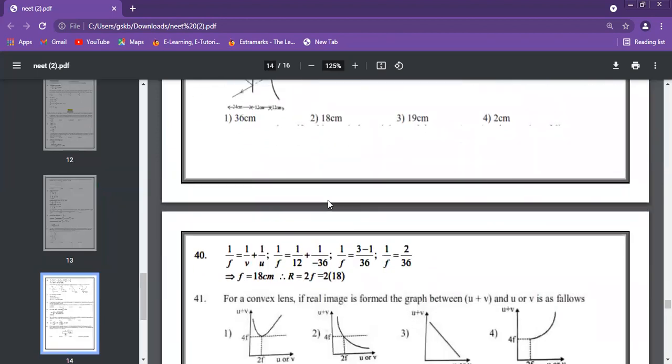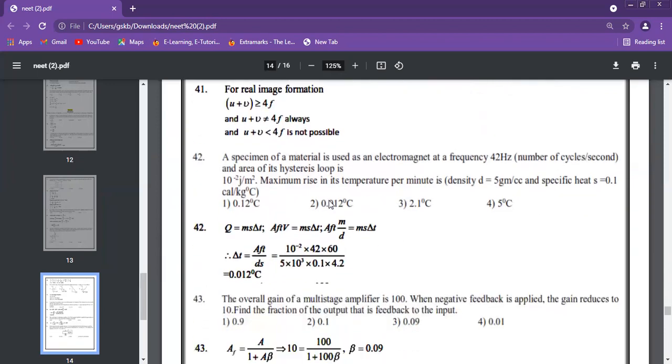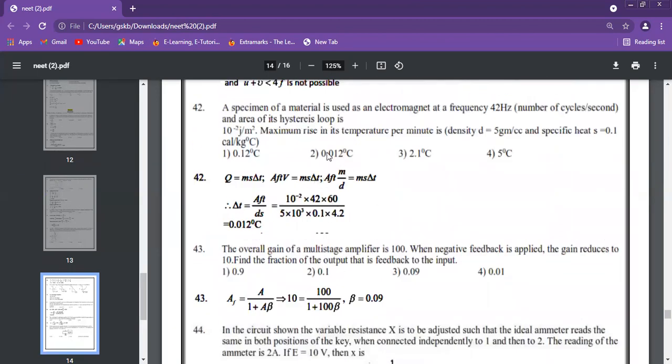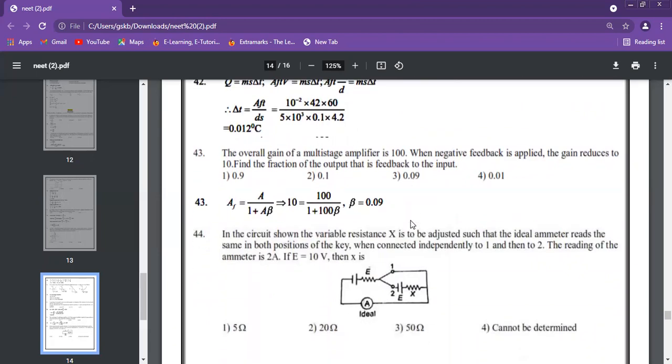Ray optics. Graph questions. This is each chapter. This is semiconductors, the feedback amplifier concept.